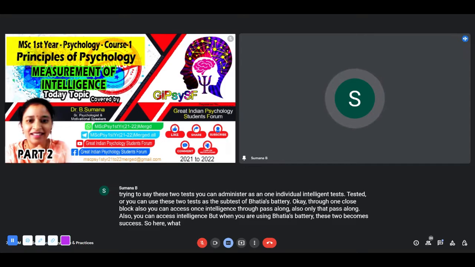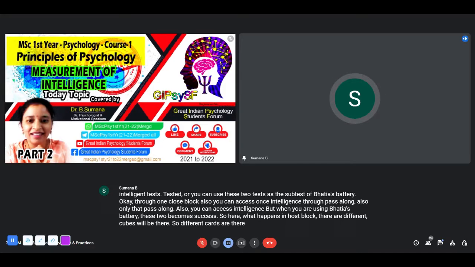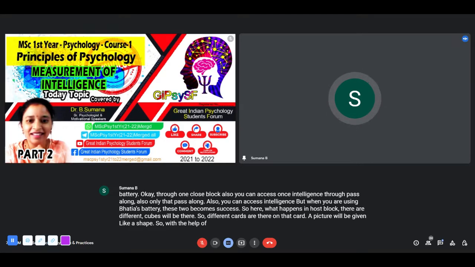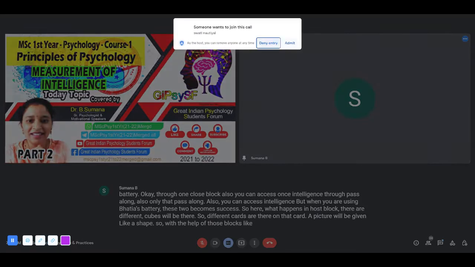In course block, there are different cubes and different cards. On those cards, a picture will be given, like a shape. On the cubes, there are different colors.